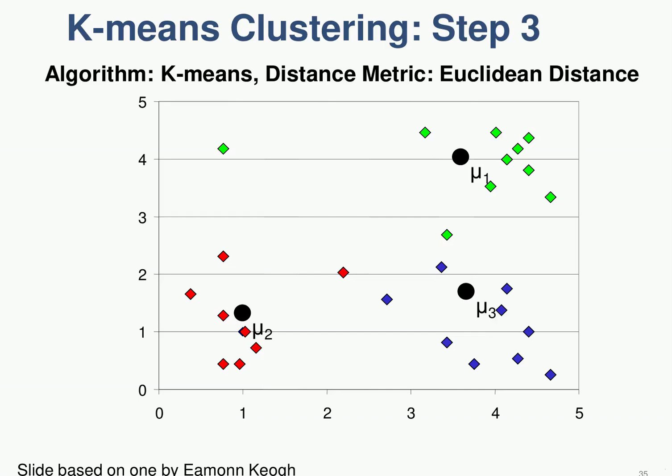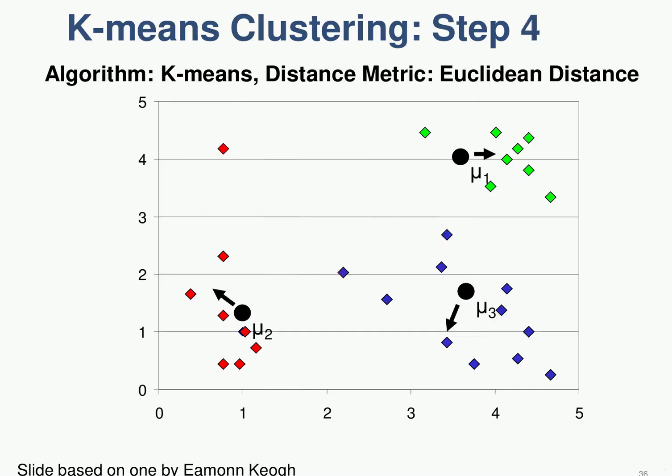The data points are reassigned to the nearest centroid based on the Euclidean distance metric. This process of recalculating centroids and reassigning points continues iteratively. The goal is to achieve stable centroid positions, indicating that the clusters have reached their optimal configuration. This iterative refinement ensures that each cluster is as compact and well separated as possible.